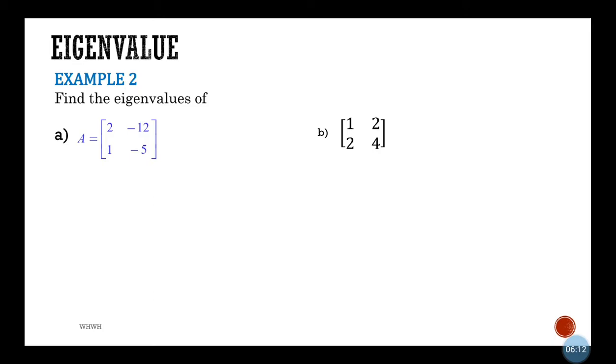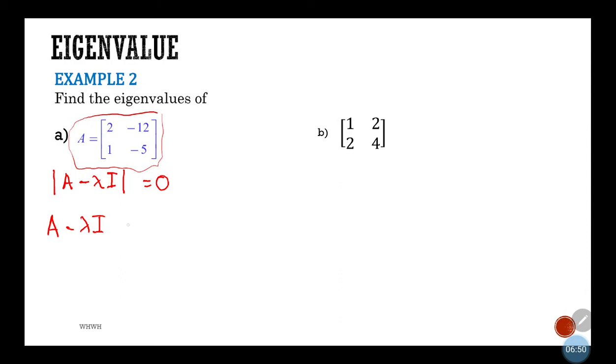Alright, so we have a matrix A here, a very simple 2 by 2 matrix. You want to find the eigenvalue of matrix A. As I said earlier, to find the eigenvalue of matrix A, we find the determinant of A minus lambda I equals 0. This is matrix A. So how do we get matrix A minus lambda I?